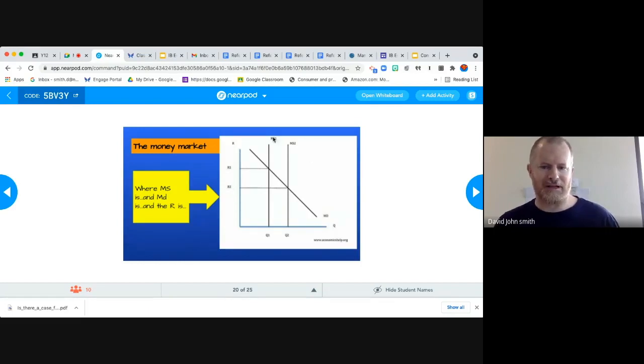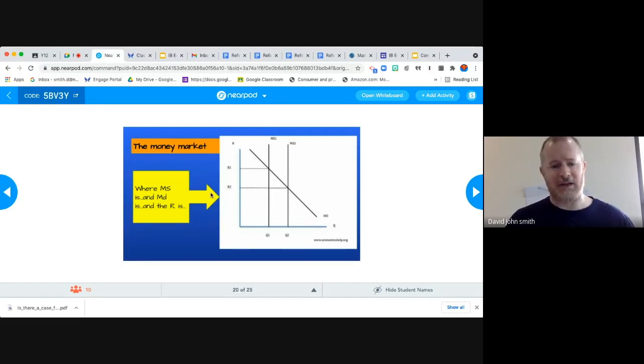All right, so by doing this particular expansion of the money supply, see we've gone from MS1 to MS2, so money supply 1 to money supply 2, the quantity of money available has actually increased. And as that happens, we've moved down the money demand curve and thereby decreased the interest rate.